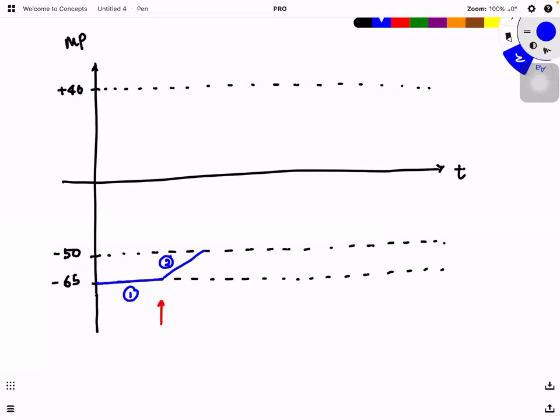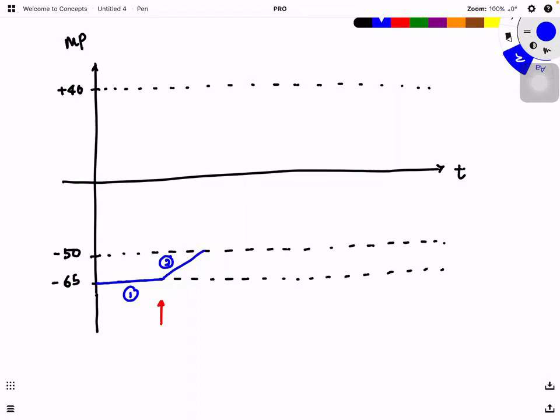When the receptor potential reaches the threshold potential, you have a rapid depolarization. This rapid depolarization is characterized by all voltage gated sodium ion channels opening.